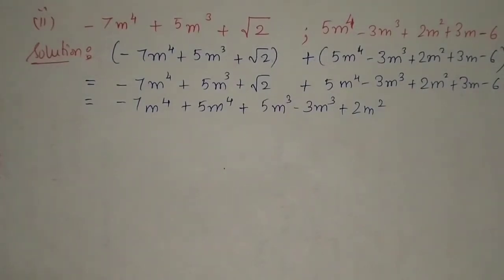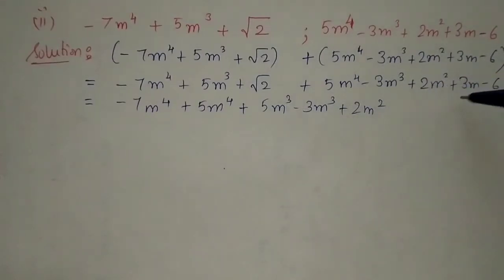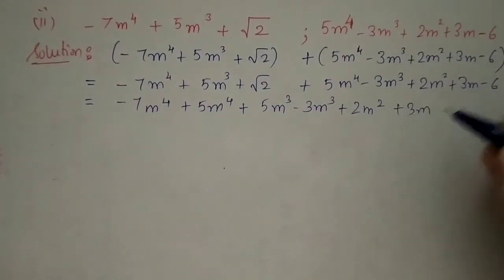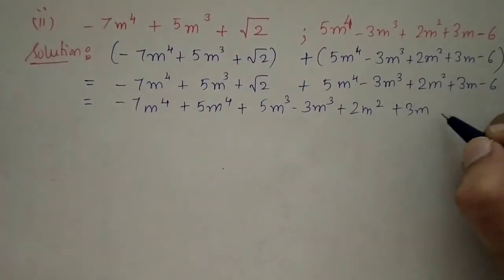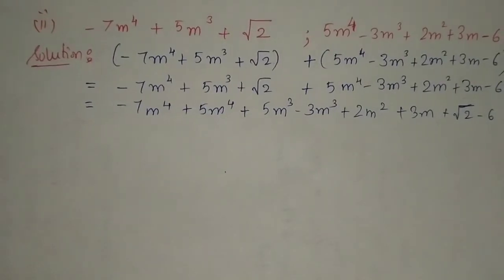Let us check if there is any m here. Here there is no m, but there is 3m here, so we write down plus 3m followed by the numbers. The one number here is root 2 and the other number here is minus 6, so we'll write down root 2 minus 6, and now we are going to add them.